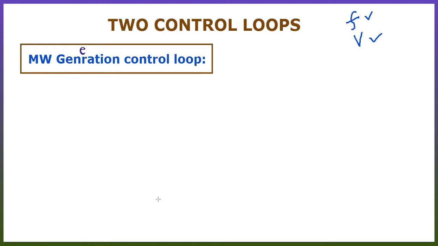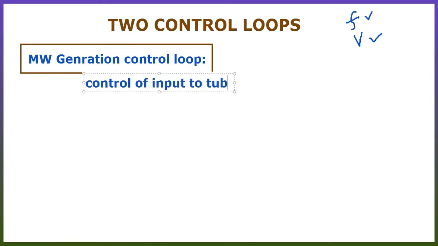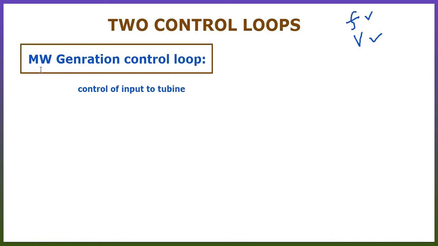So this is ultimately done by controlling the input to the turbine. The first control loop, the megawatt generation control loop, can be done by controlling the turbine input.